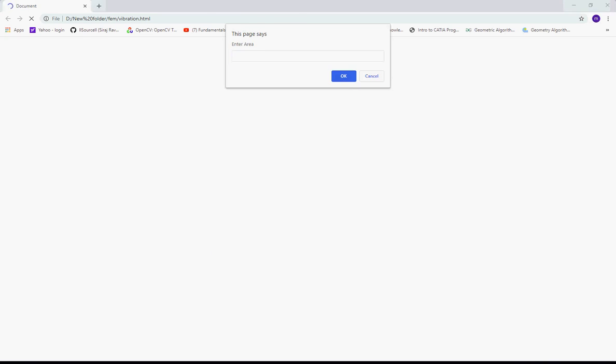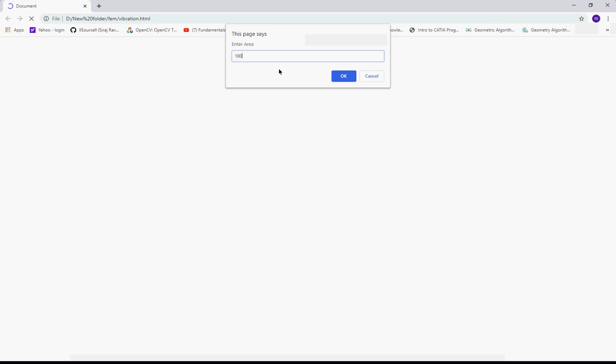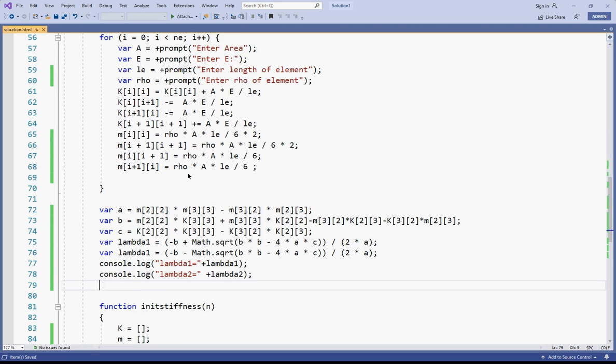Enter area: 100. E is 2E5. Length is 1000 and rho is 7800. Now it is kg per mm cube, so I need to convert that. I just cancel this. That change I have to make.